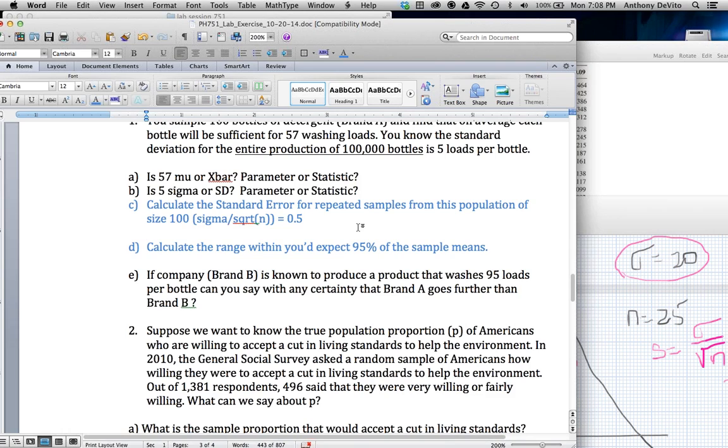It would have been 1, and 95% of the time we'd expect the results for other samples of size 25 to be between 55 and 59. That's 2 standard errors below and 2 above, and since the standard error is 1 in that case, as the sample size gets smaller, we're less certain and our samples spread out more.